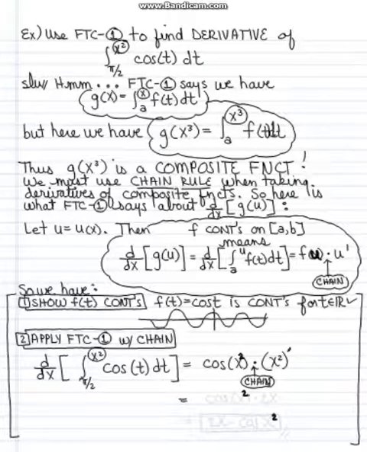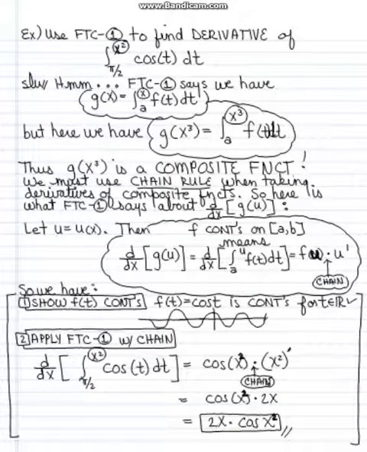So that is the cosine of x squared times 2x, bring the 2x in the front if you'd like, 2x times the cosine of x squared. So really, the way I would answer this question, I would read the question at the top, go right down to step 1, step 2, boom, done.